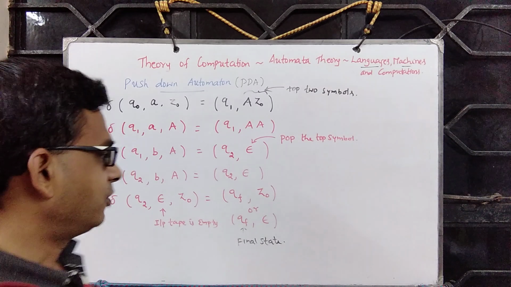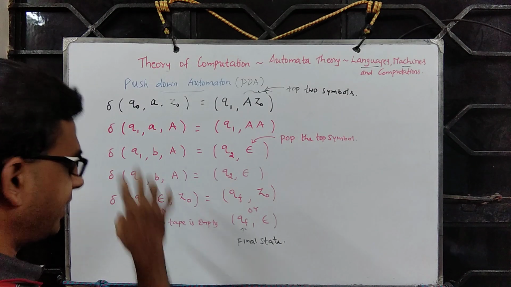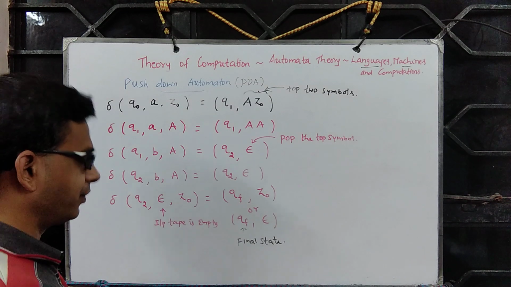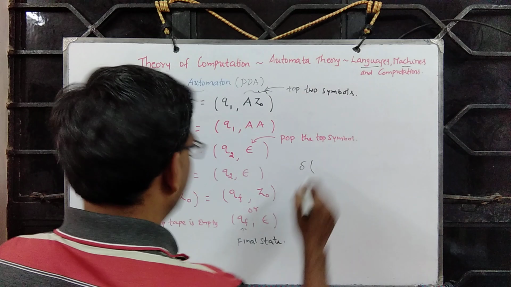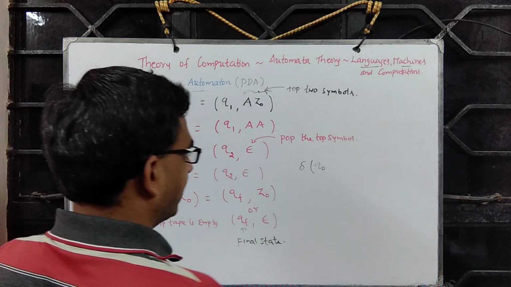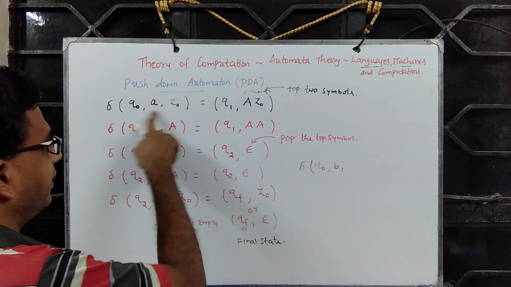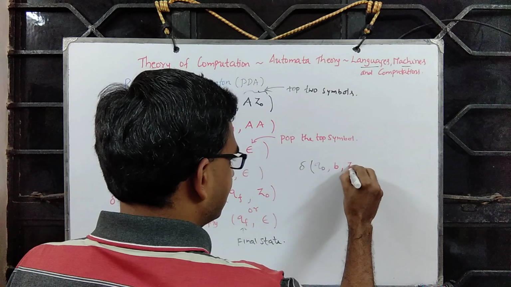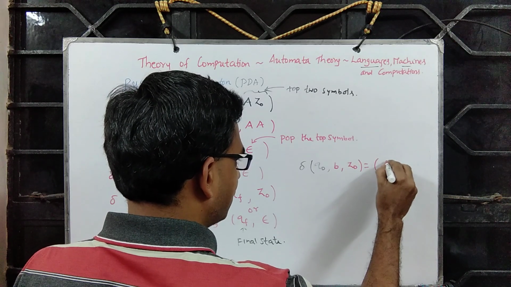Fine. Now just like finite automaton, there are missing transitions which we need to focus on. So I am in Q0, and when I am in Q0, I read a B, and start symbol is Z0, which means it's invalid, it has to be rejected.